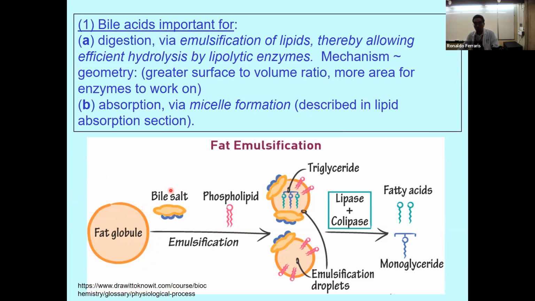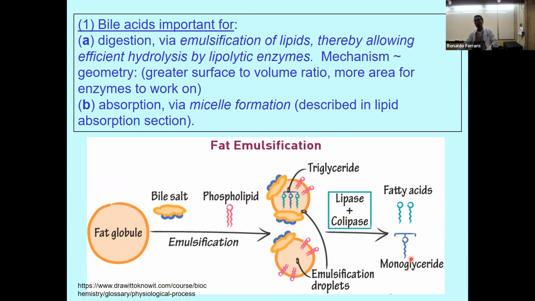So the function of a bile salt is to emulsify this fat globule. It's like a detergent. And it breaks them down into emulsion droplets, very, very small. Therefore, what they're doing is expanding the surface to volume ratio of these lipids, so that now your enzymes can work more efficiently and are able to digest your lipids more efficiently.